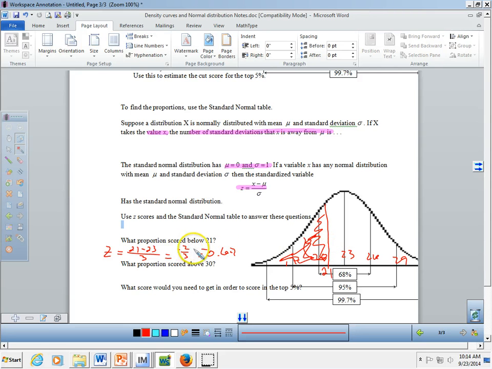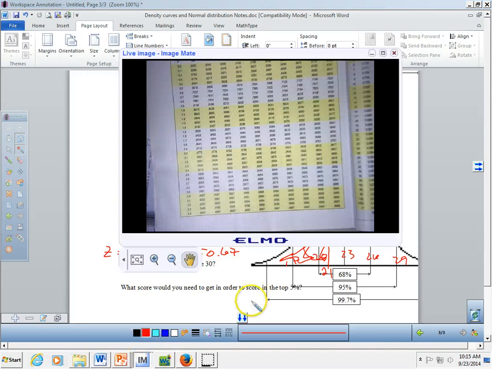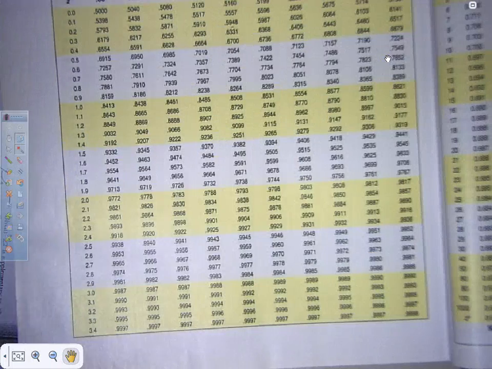So negative 2/3, negative 0.67 when you divide that out. Okay. Now, I want the area under 21 to the left, right? And that's important because now what we need to do is go in our table and find this z-score, negative 0.67. So we pull up our table values and we go looking for negative 0.67.